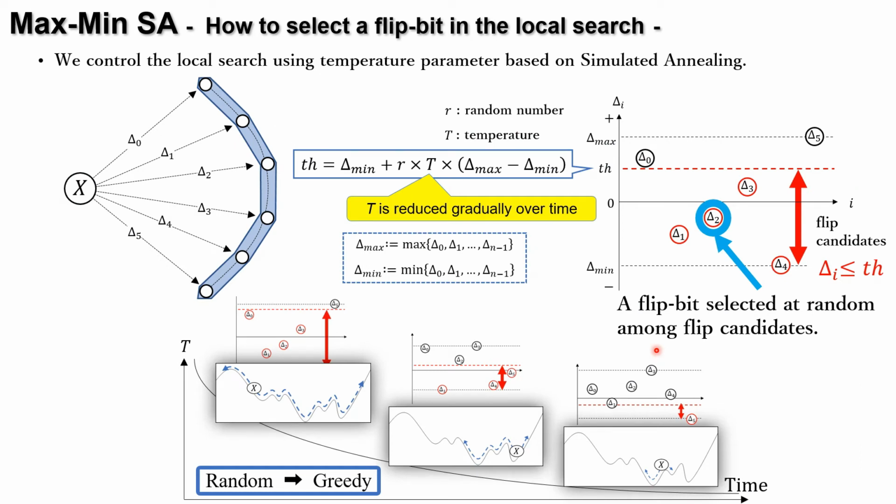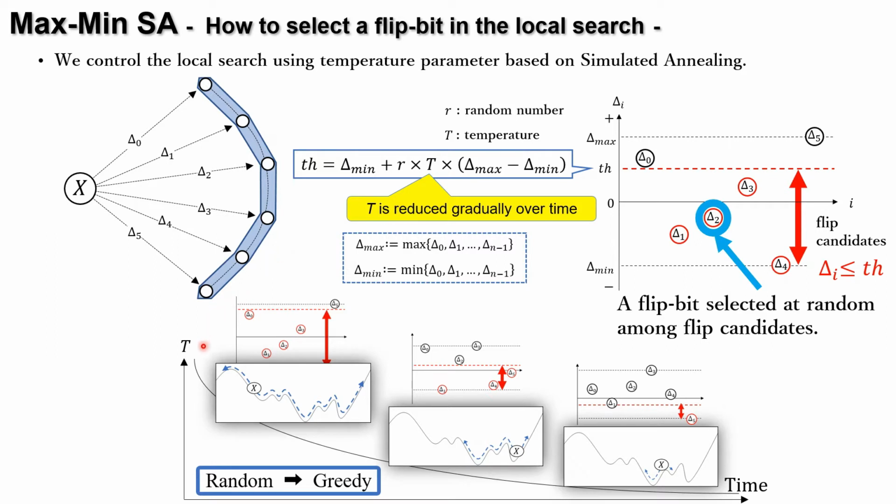First, I'd like to introduce max-min-SA algorithm based on simulated annealing. In this algorithm, we narrow down the transition using a threshold computed by this formula. We select a flip bit at random among the bits which satisfy this condition. This formula includes the temperature parameter which decreases over time.